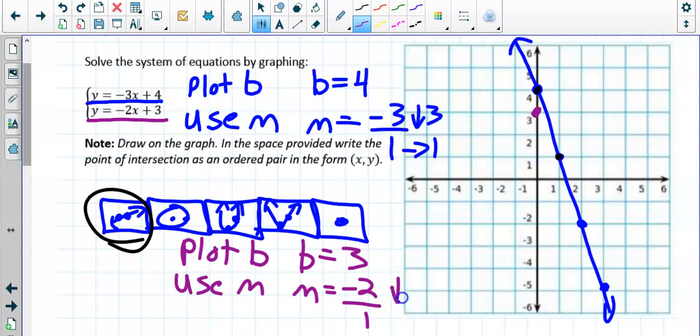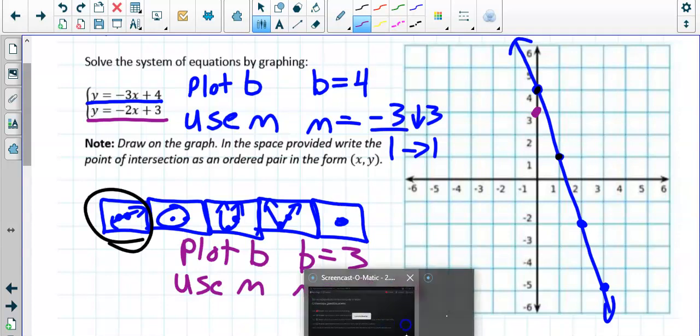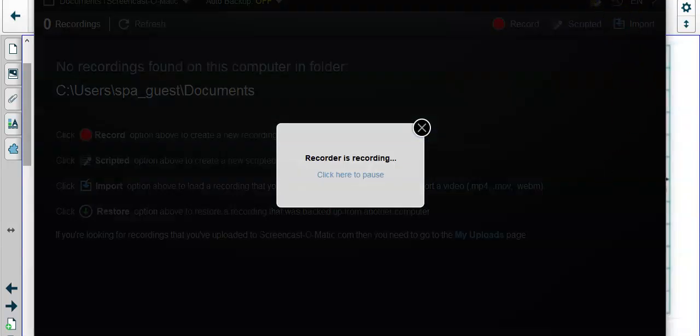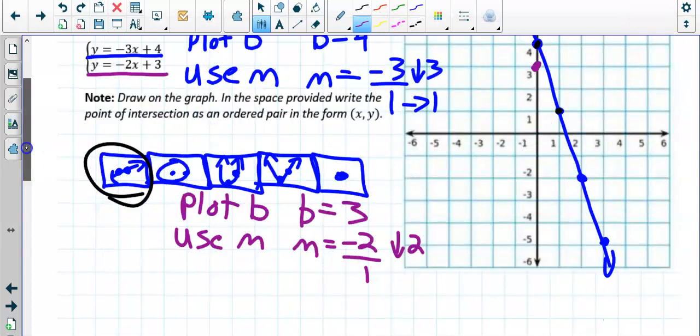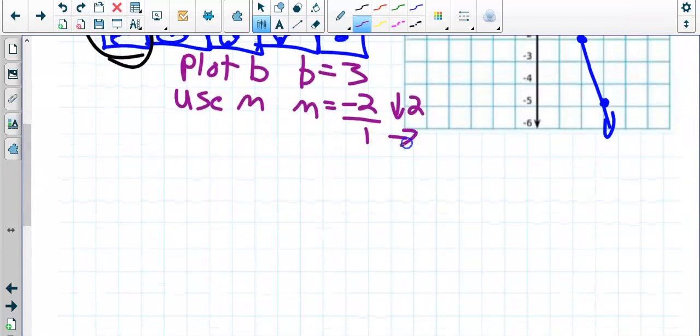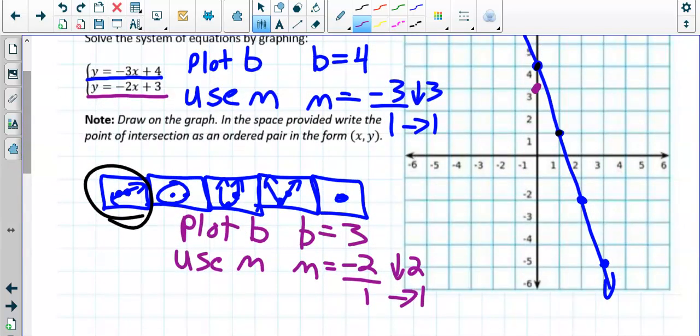That's right. Over which direction? To the right, 1. So from that purple dot, we're going to go down 1, or down 2, right 1. Down 2, right 1. Down 2, right 1. This is just to help me solidify my line a little bit.